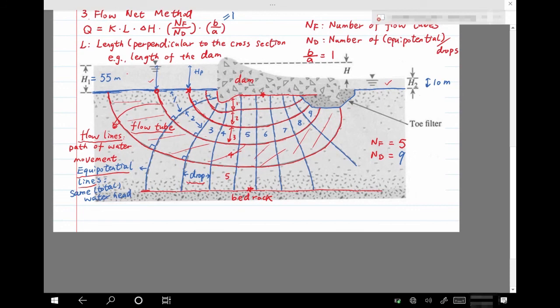It's the distance from here to here. This is H3. So H3 is 100 meters. So this is also H3. It's the same. Oh, sorry. It goes to the top of the bedrock.